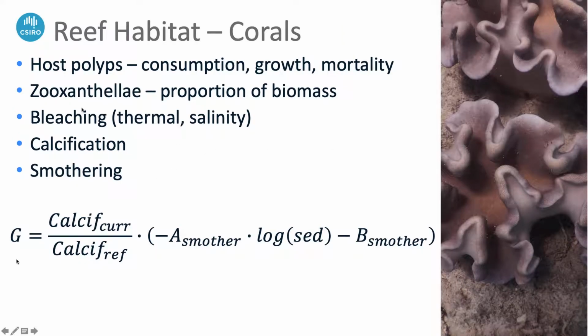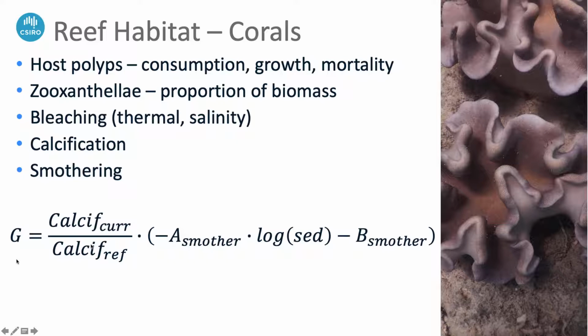We don't just consider bleaching, we also consider the growth effects of calcification and smothering. Each of these terms has a bit more detail to it, but the calcification basically looks at the current calcification rate possible given the water column properties and the biomass of the reef, and compares that to a threshold calcification rate.